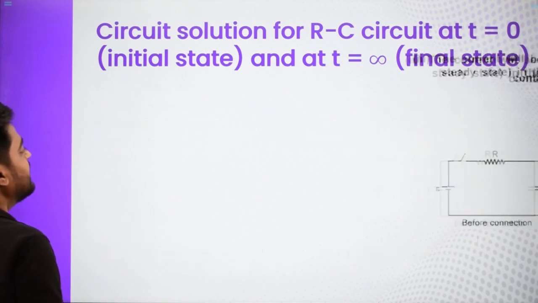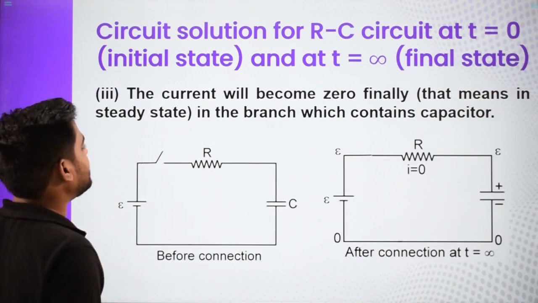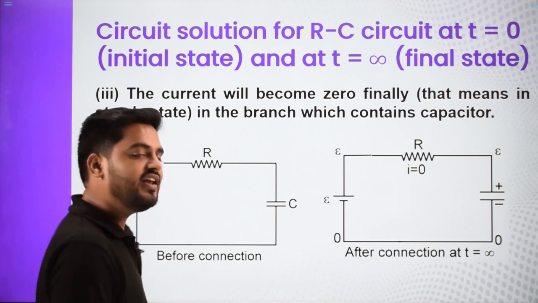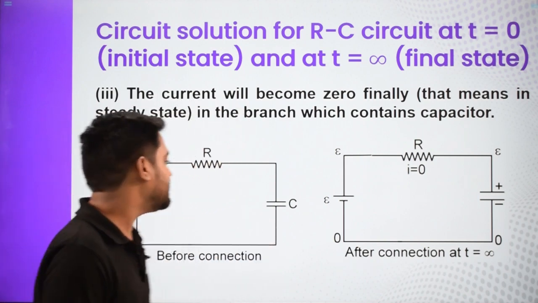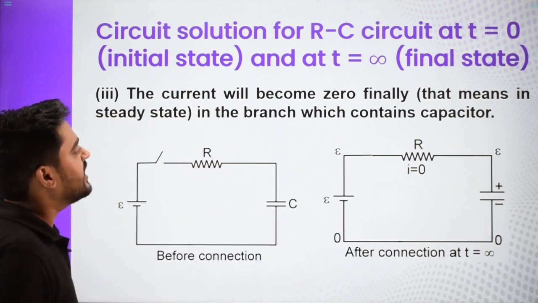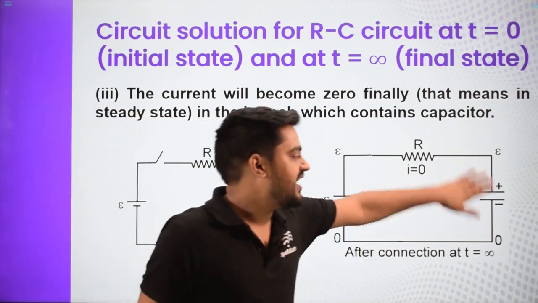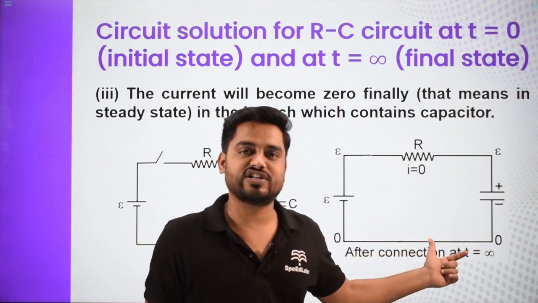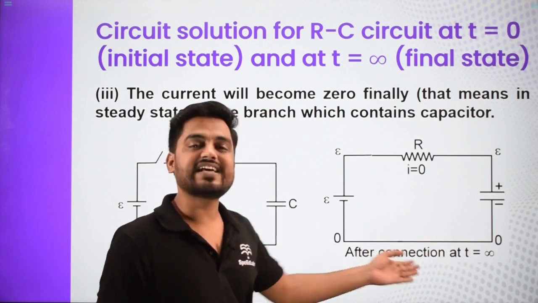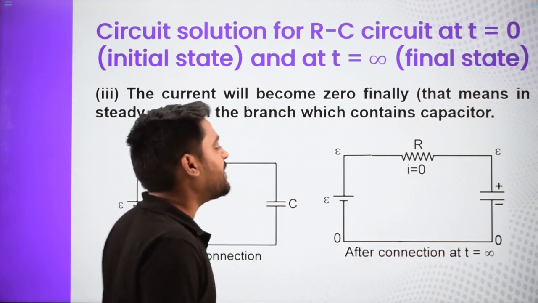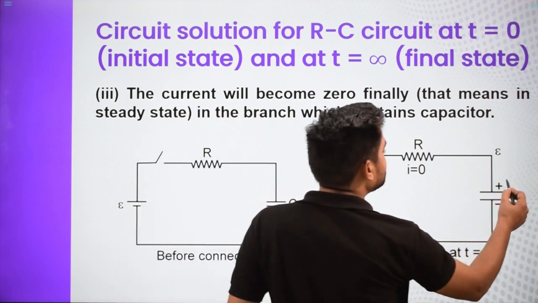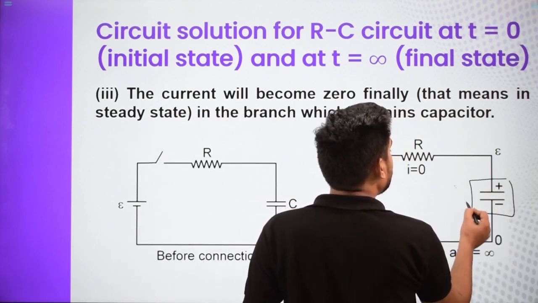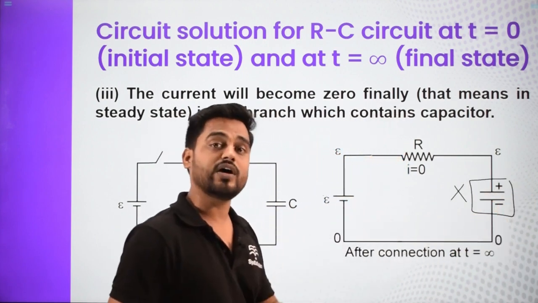And the circuit can be solved. If we are talking about t equal to infinity, or after a long duration, then the current will finally be zero. After a long duration, this capacitor gets charged completely, and now it behaves as if it is a broken wire.